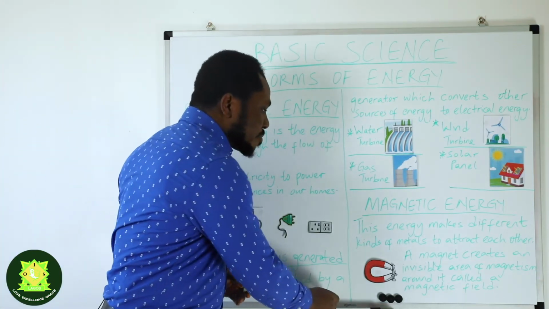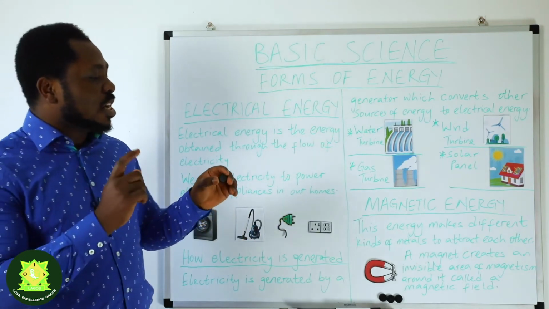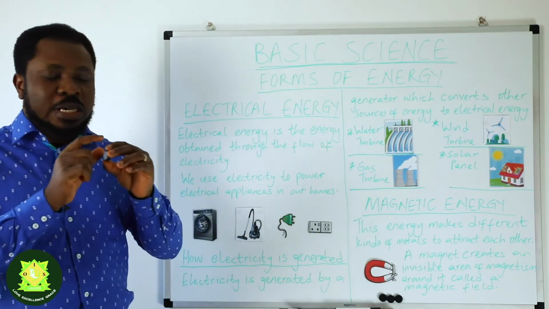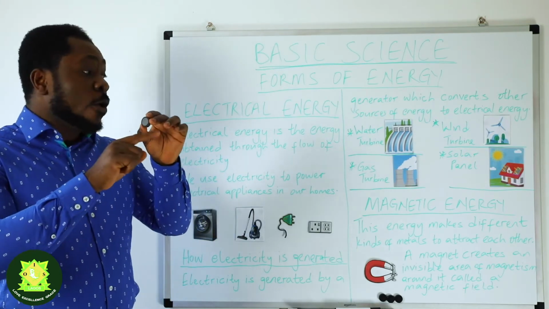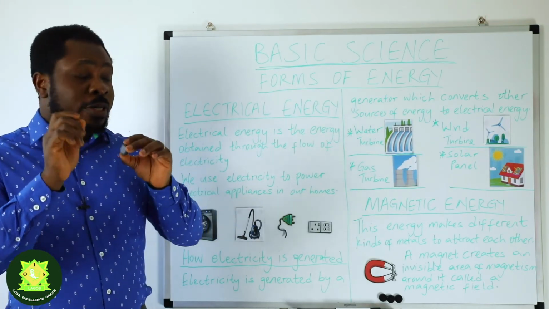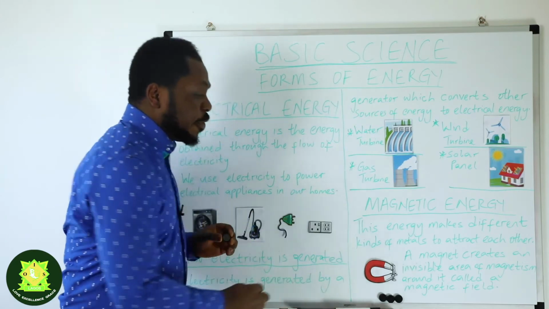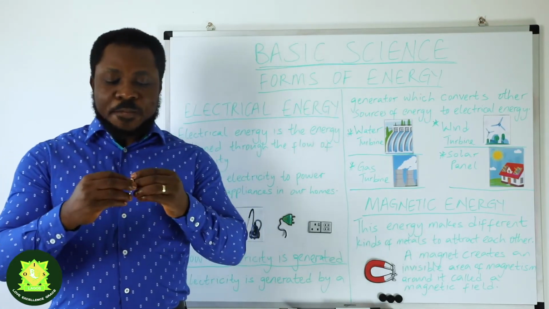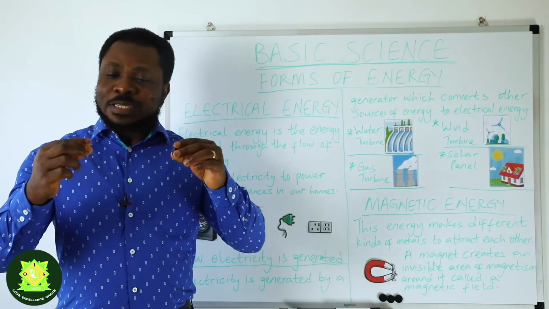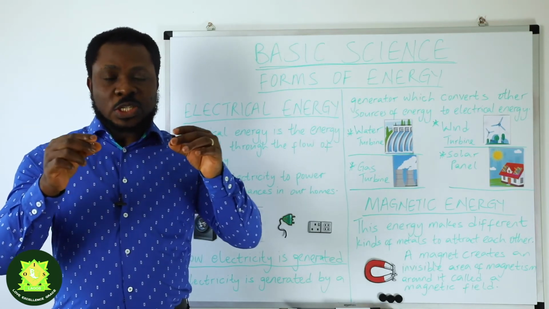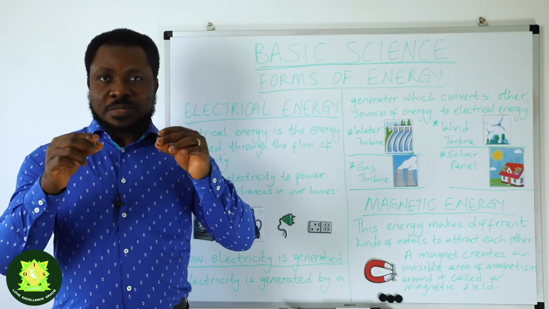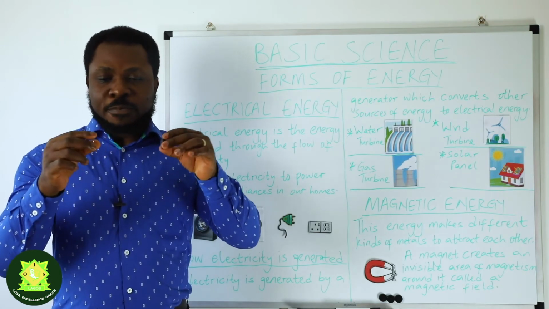Now, a magnet creates an invisible area of magnetism around it called a magnetic field. So if you look at this magnet, there's an invisible area of magnetism around it called the magnetic field. And if I bring this other metal far off, because it is not within the magnetic field, it won't attract. I can't feel any form of attraction.